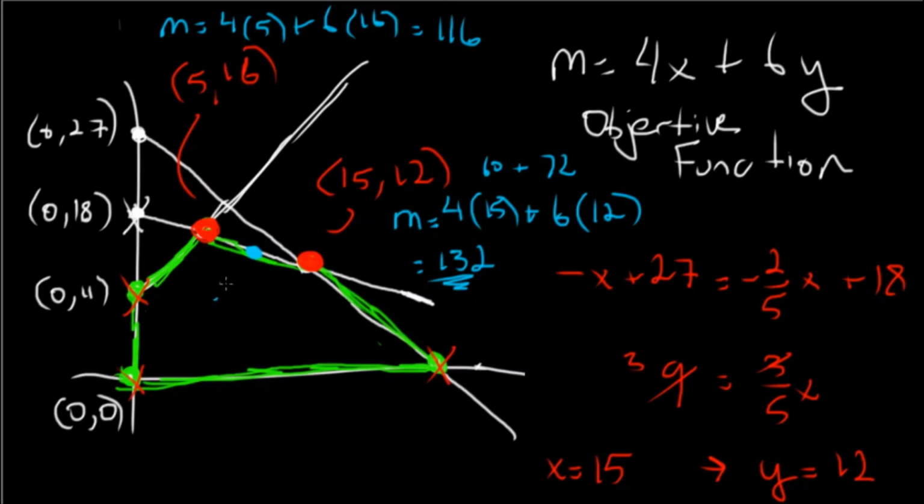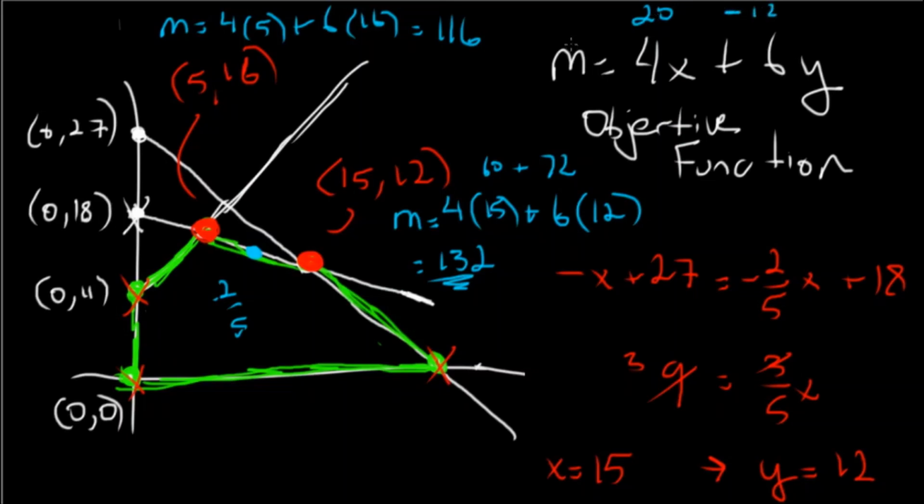But the slope negative 2/5 says as I move to the right 5 units, I'm going to be going down 2 units, which means as I move to the right, I'm going to be gaining 20 and losing 12.